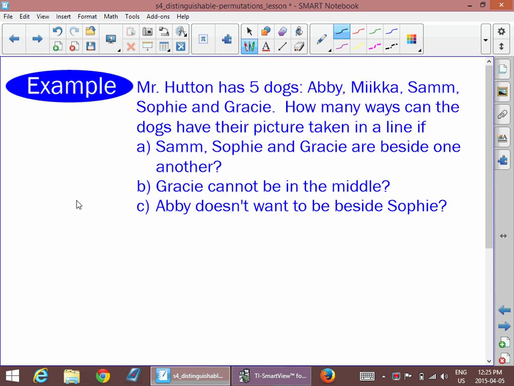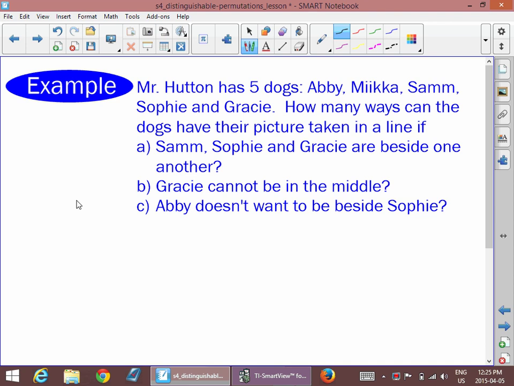We'll do another example. Mr. Hutton has 5 dogs: Abby, Mika, Sam, Sophie, and Gracie. How many ways can the dogs have their picture taken in a line if Sam, Sophie, and Gracie are beside one another? This is a very classic type of permutation or counting question.